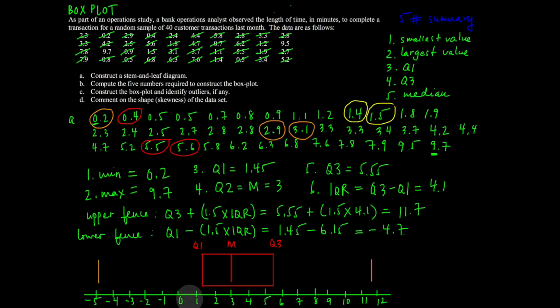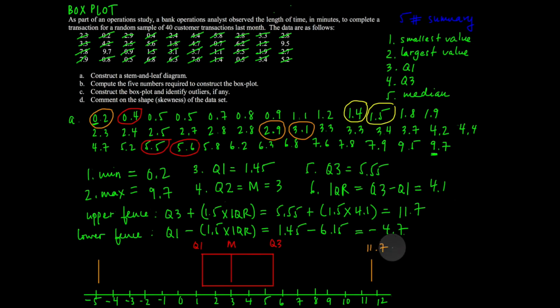Okay? Now, I often get asked, until where do the whiskers go? The whiskers go, and this is important, so pay attention. The whiskers go until the last data set before you reach the fence. So what do I mean by that? I know that my upper fence here is at 11.7.